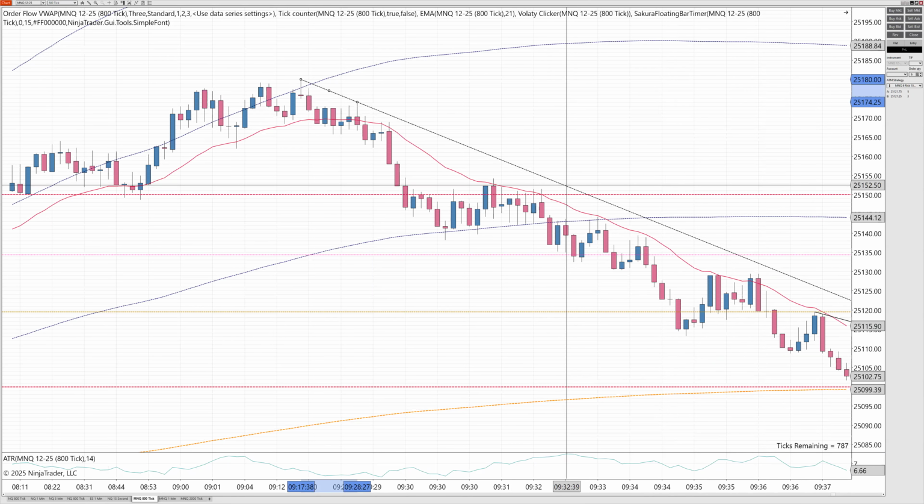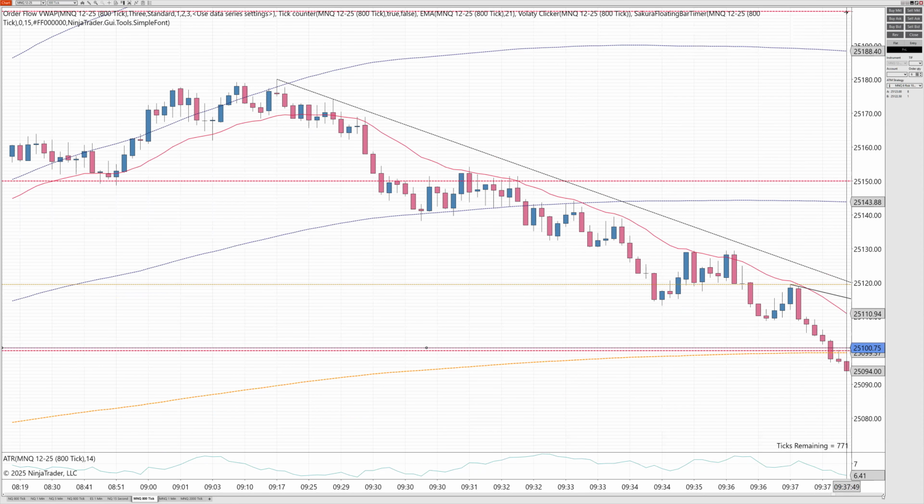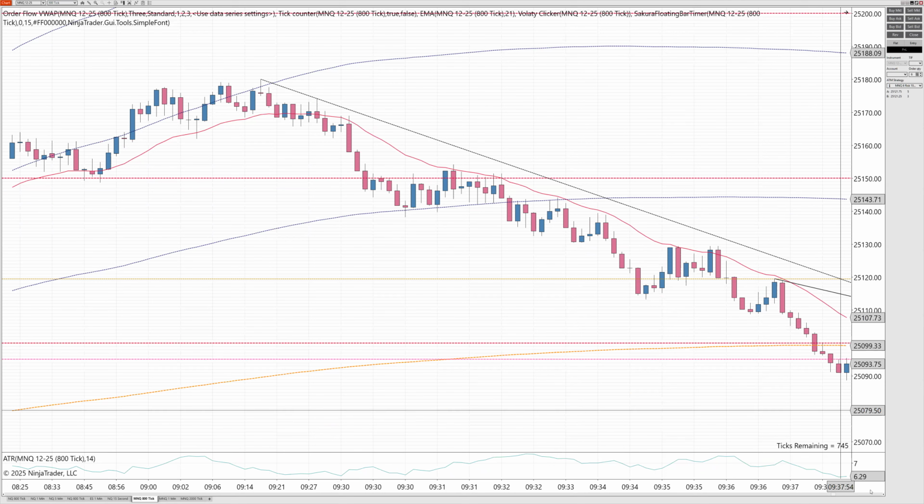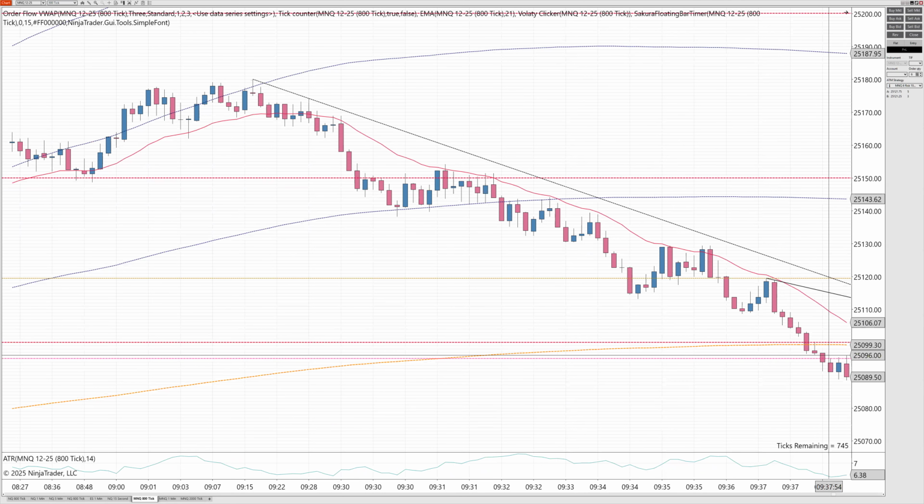Runner still running. We're approaching 100 and VWAP, and the sellers were so strong this morning that there was no bounce in this area where typically there would be one. Just kept going lower until finally the runner stopped out right there.